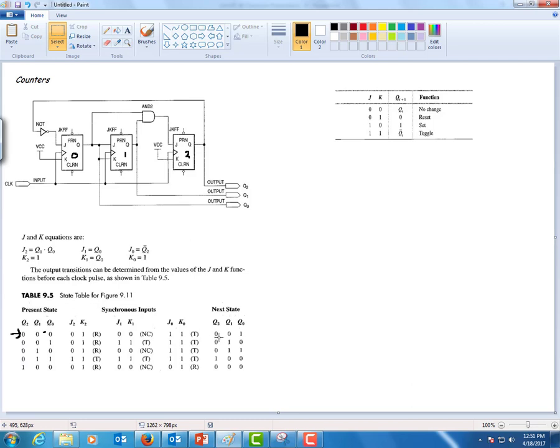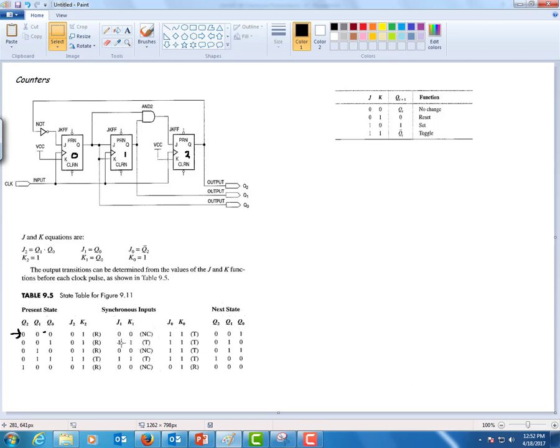That's the entire reason for this. We do that by using these equations for each one of these flip-flops. Once we use these equations to determine the J and K inputs for the flip-flops and its clock, we will then know what the state is for each one of those Q outputs.